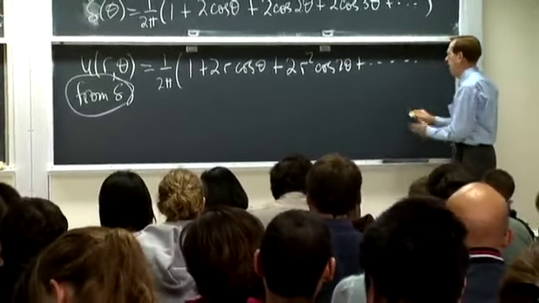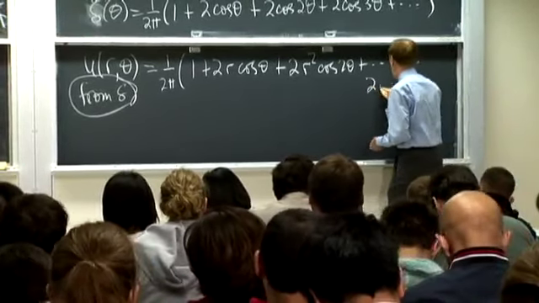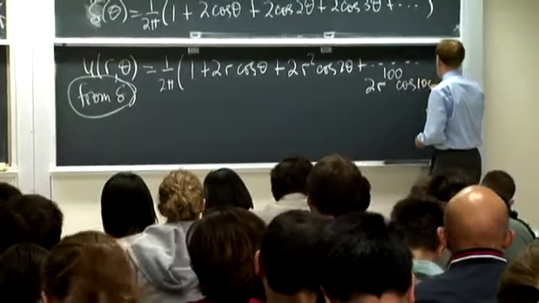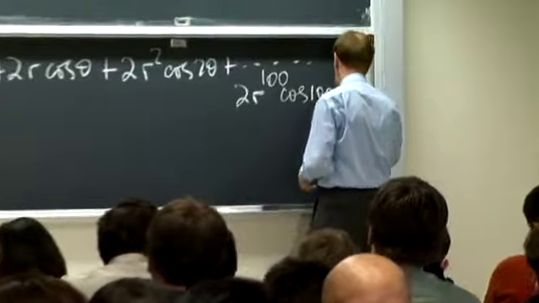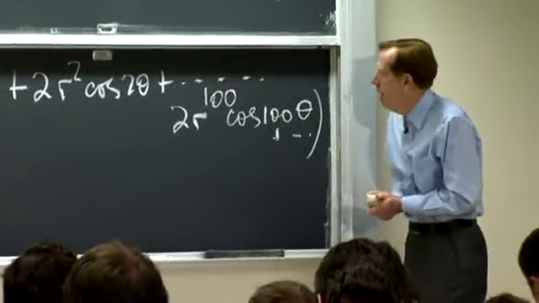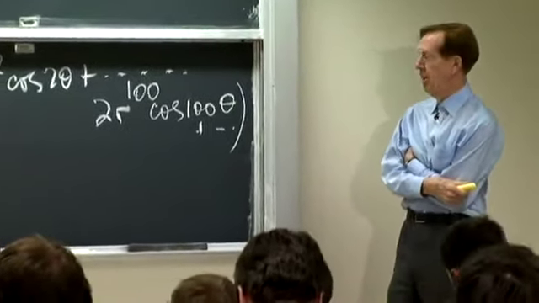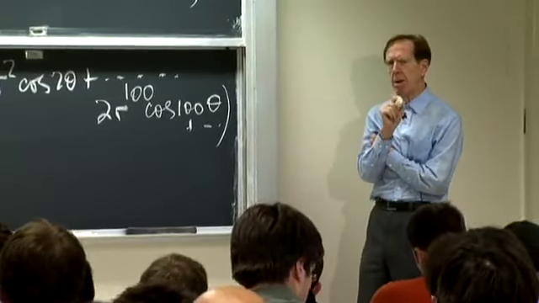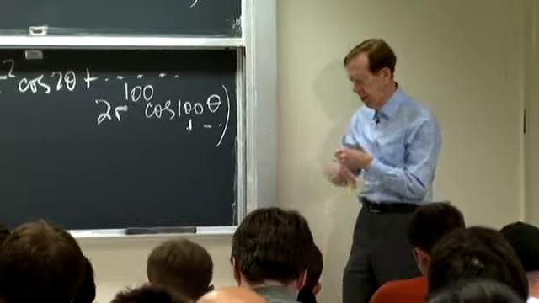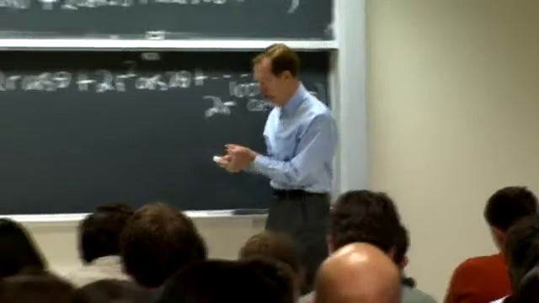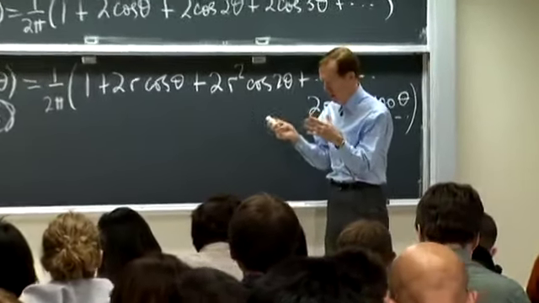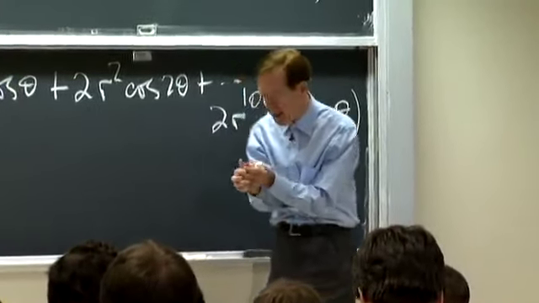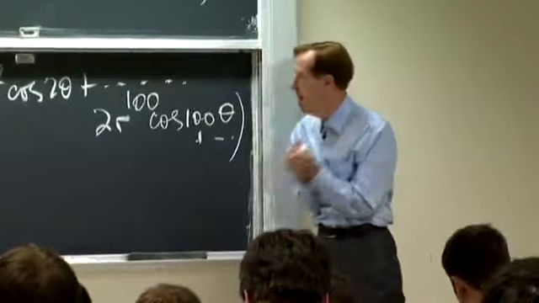And eventually 2r to the 100th cosine of 100 theta and more. Okay. I write this out. You could say, why did he write this down? I wanted to make the point that the important feature of the solution to Laplace's equation is how smooth it gets when you go inside the region.